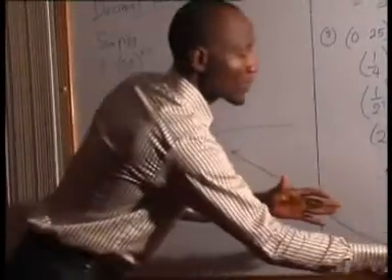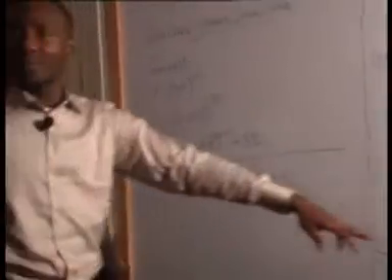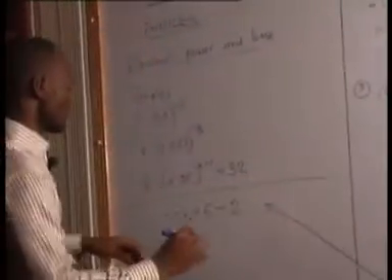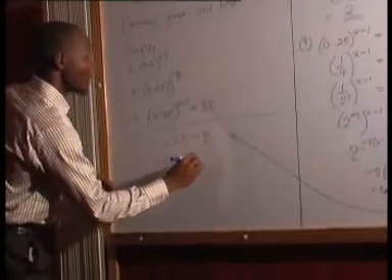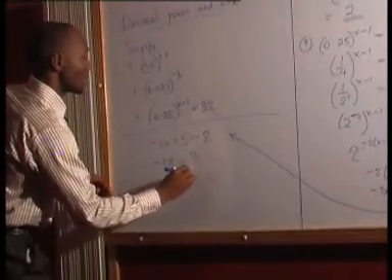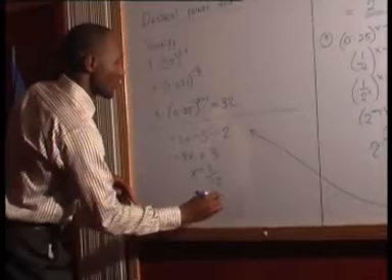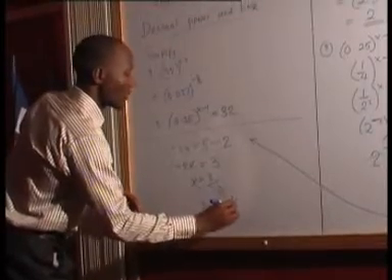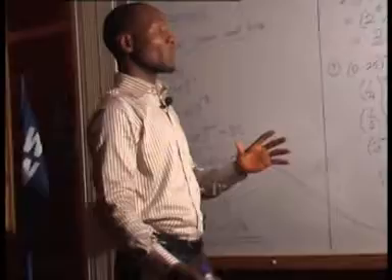By the time you transfer this 2 to the other side, it's going to turn to minus 2, negative. Are we following? So you are going to have minus 2x equals 3, such that x is 3 divided by minus 2. So that x is minus 1.5.